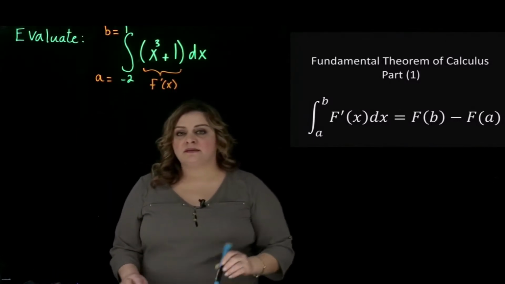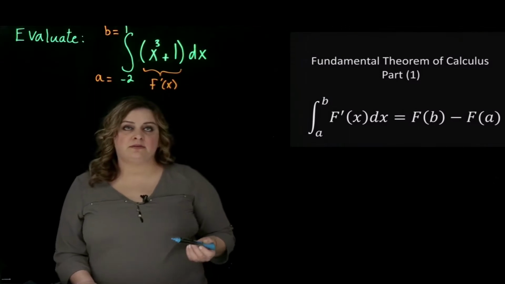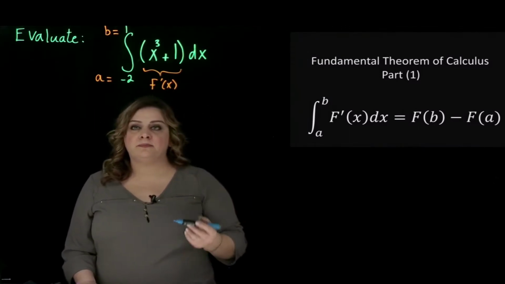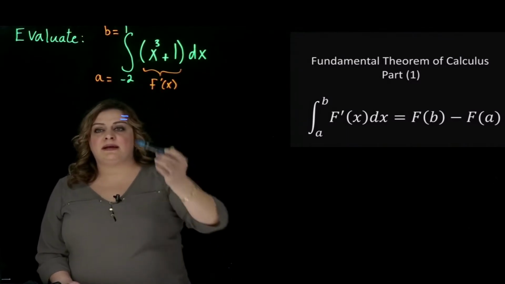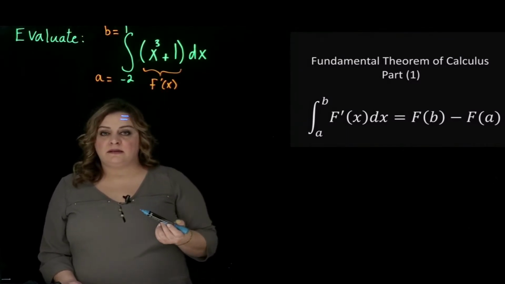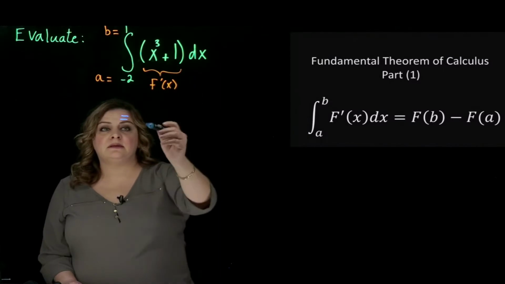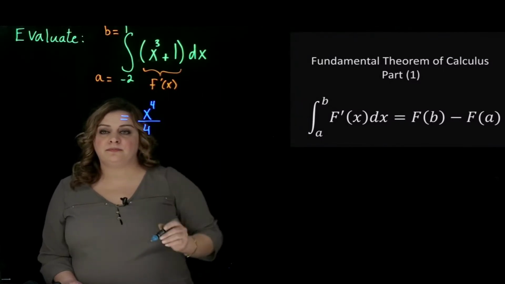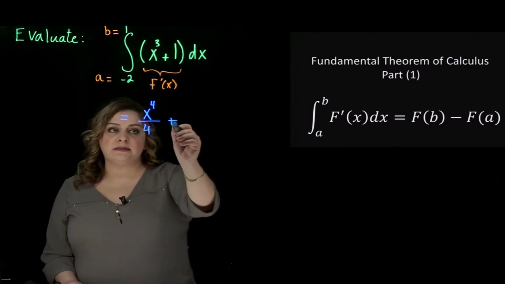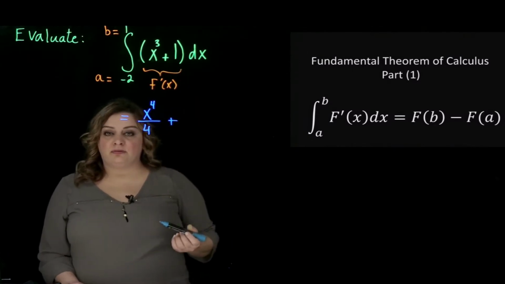We will start and find the antiderivative of x cubed plus 1. For the antiderivative of x cubed, we add 1 to the exponent, so we will have x to the 4th divided by 4, plus the antiderivative of 1, which is x.